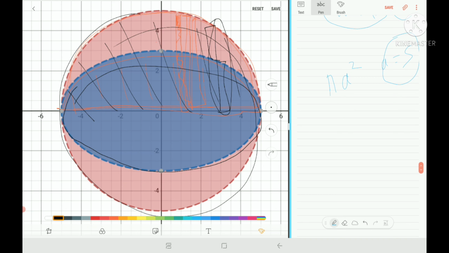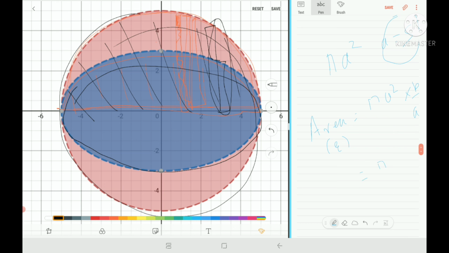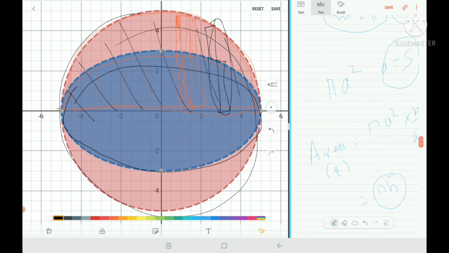What that means is the area of the ellipse is nothing but pi a square into b by a, which is pi a b. And the only area that we actually used in this derivation is the area of a circle, which is, I think, known to everyone.